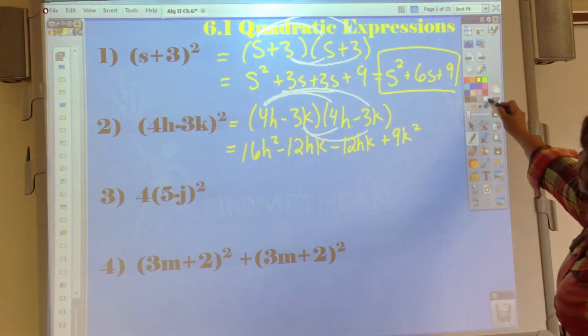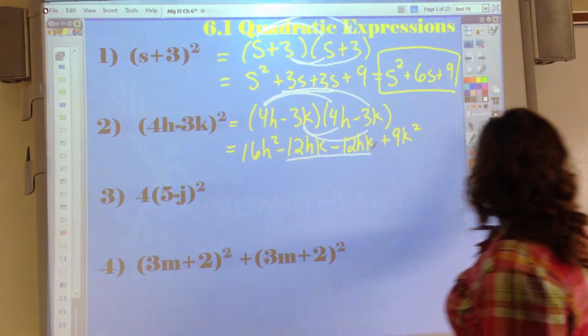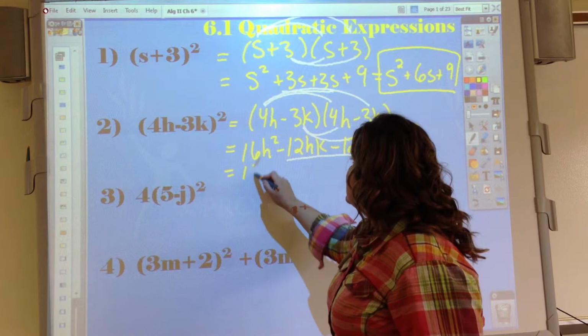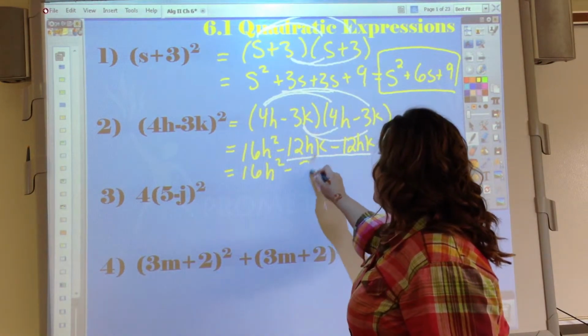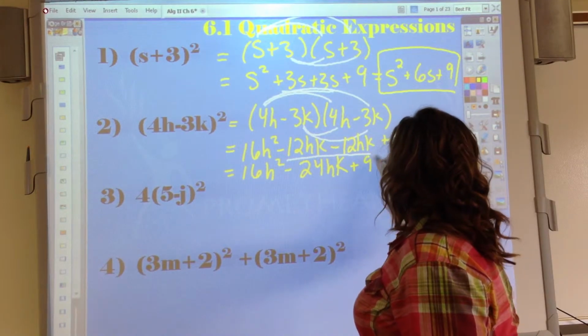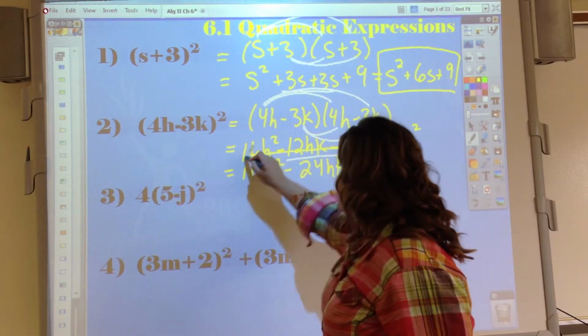Again, I have two like terms in the middle here that I can combine, and I end up with 16h squared minus 24hk plus 9k squared.